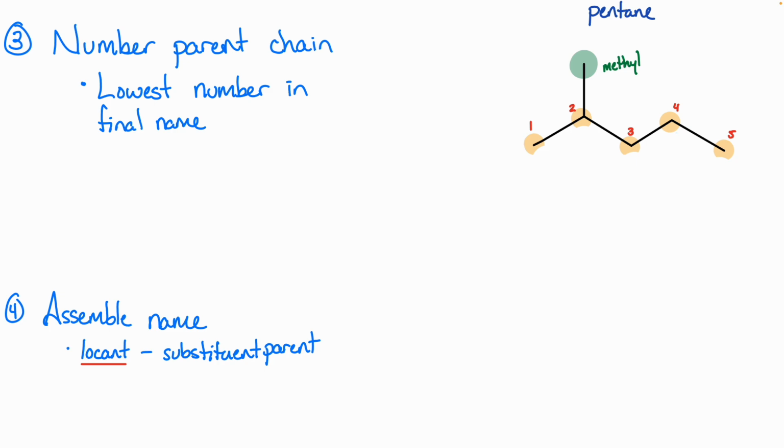My substituent name I had in green there, that was my methyl group. And then my parent chain is that 5-carbon alkane, my pentane. So if I put this together, this would be 2-methylpentane. All one word, all run together.